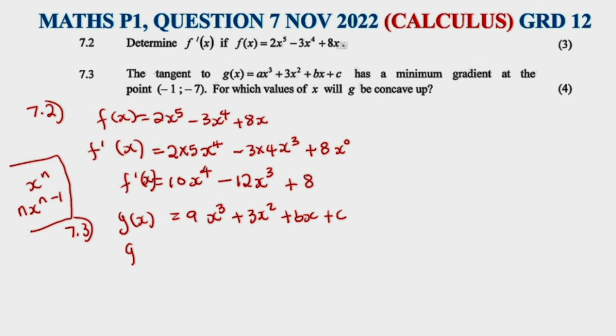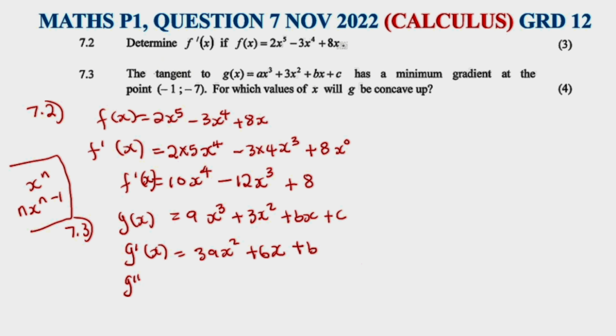So let's go ahead. First derivative is going to be equal to 3ax squared plus, you bring the 2 down, 2 times 3 is going to be 6, then 2 minus 1 is going to be 1, plus you bring 1 down, b times 1, and then x to the power of 0 is just 1. That's the first derivative.